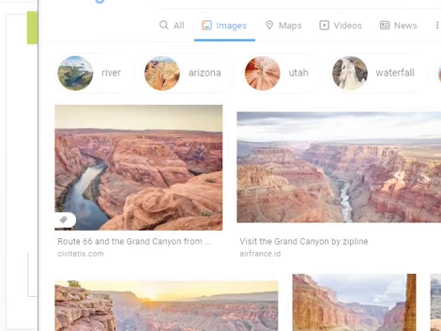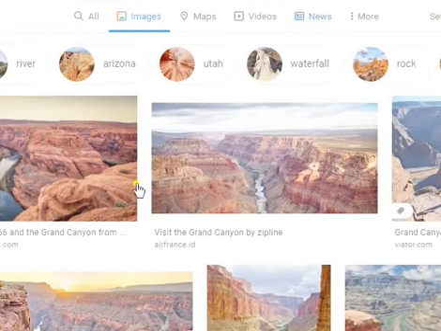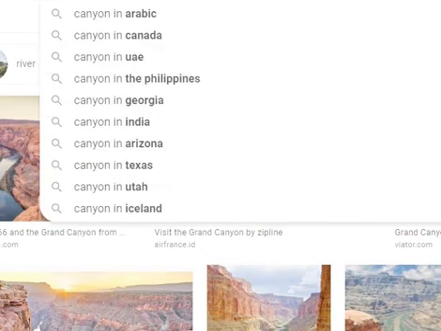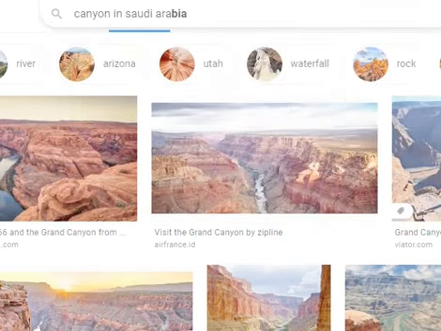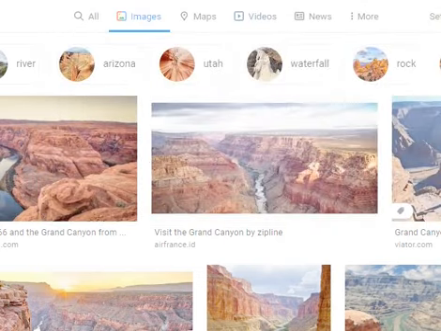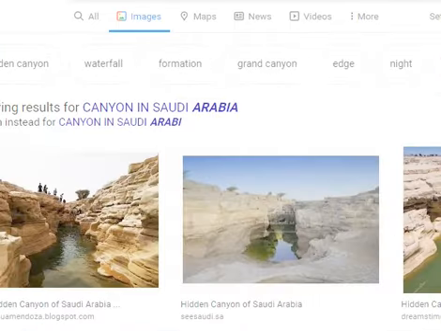Okay, so this is a canyon. This canyon, I will repeat, the formation of a canyon is not happening in one day. Let's see a canyon in the Middle East or in Saudi Arabia so that you will be familiar with our place, because we are living in Saudi Arabia right now.